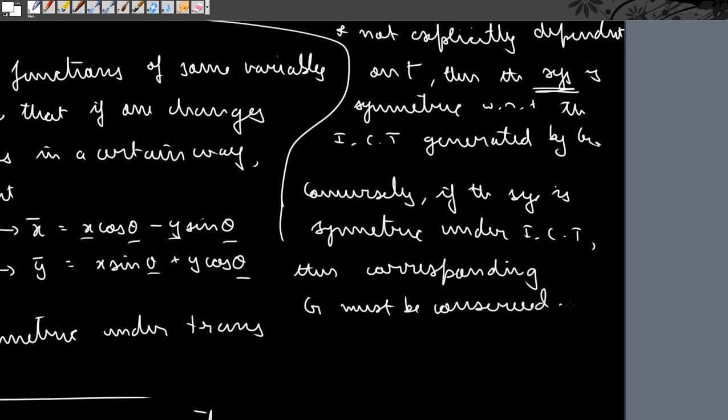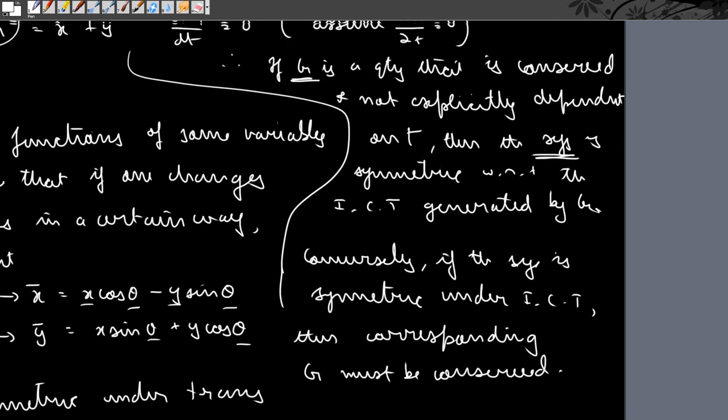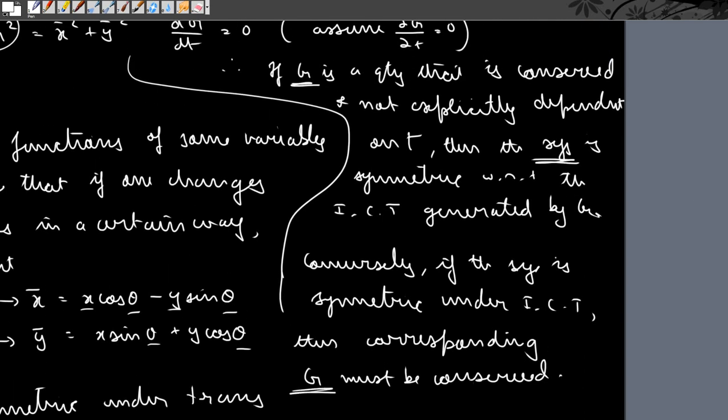Okay, so this establishes the connection that we have been seeking between a quantity that is conserved and the corresponding symmetry in the system with respect to the transformation generated by such a quantity.